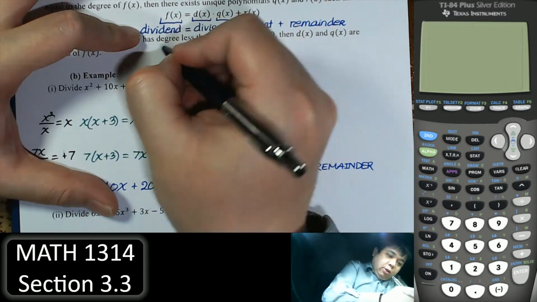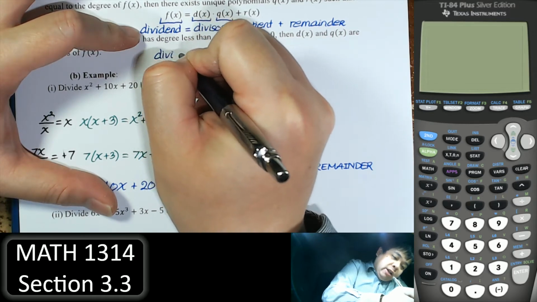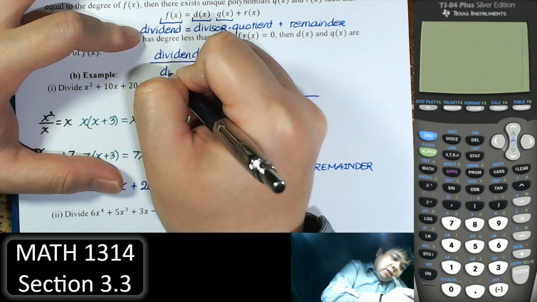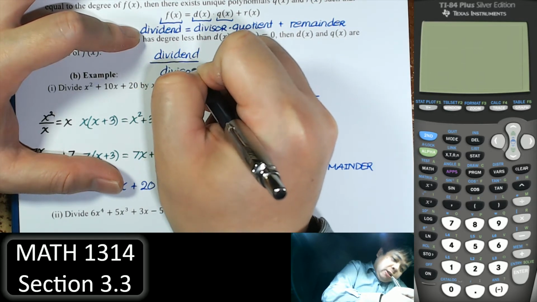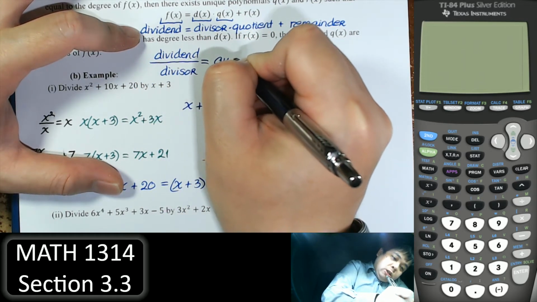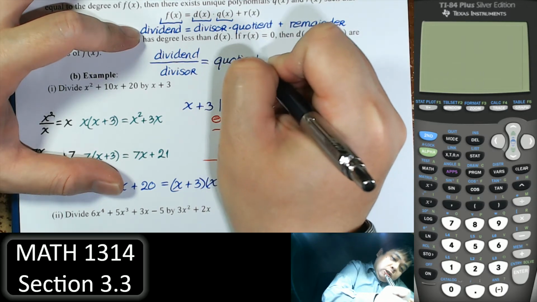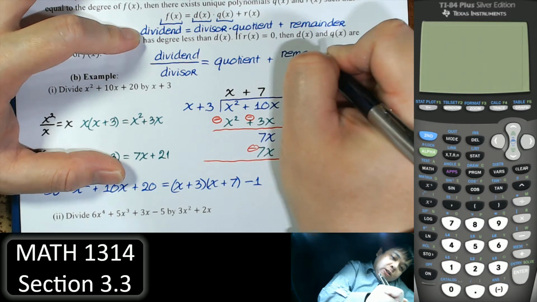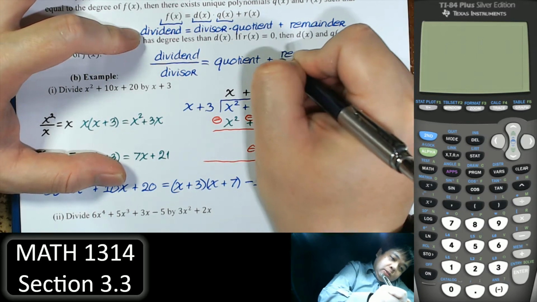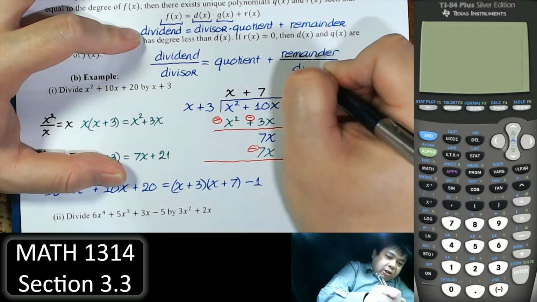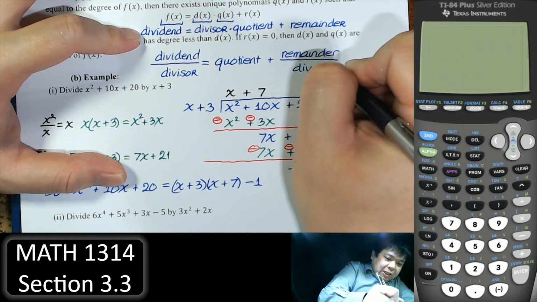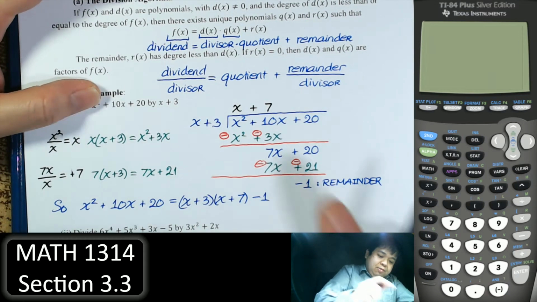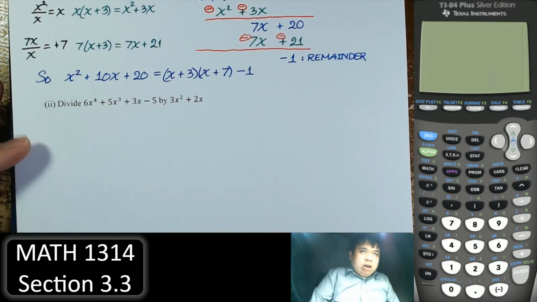We can also write it as dividend over divisor equal to quotient plus remainder over divisor. Yeah, but the first form is more common than this. Right. Let's look at another example.